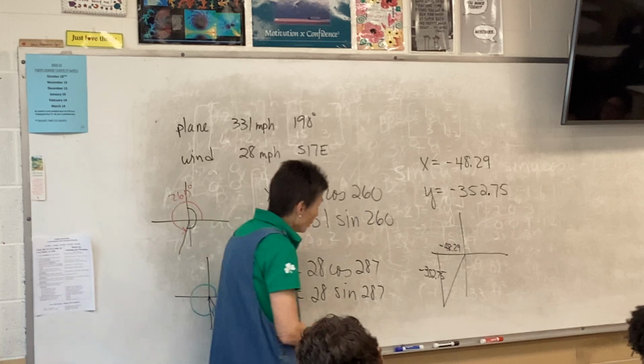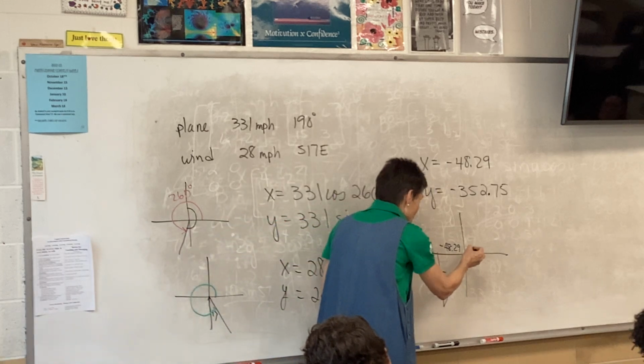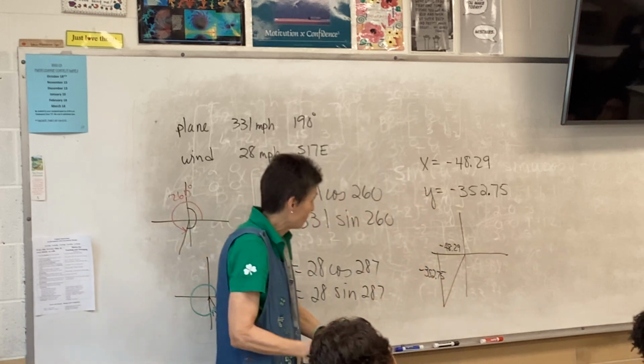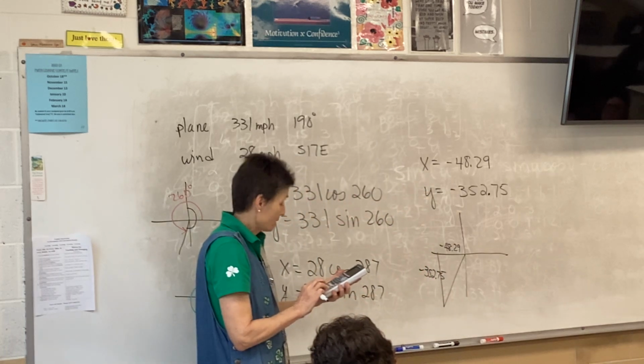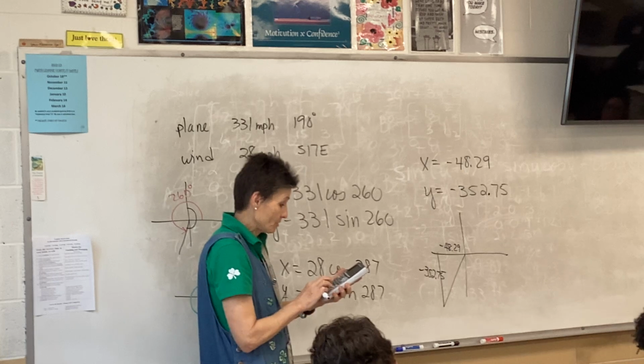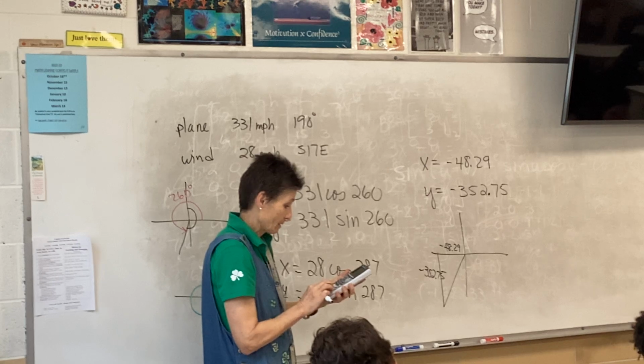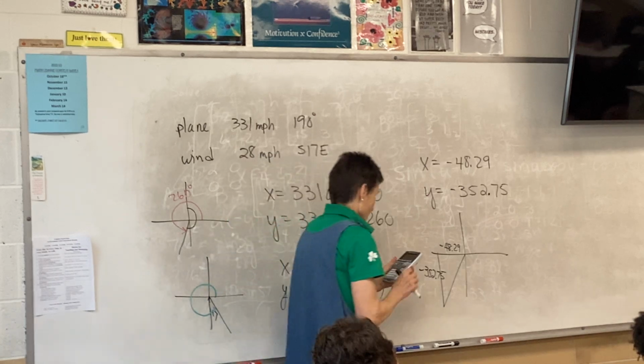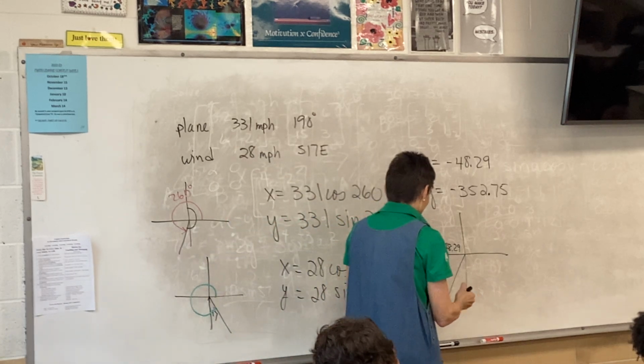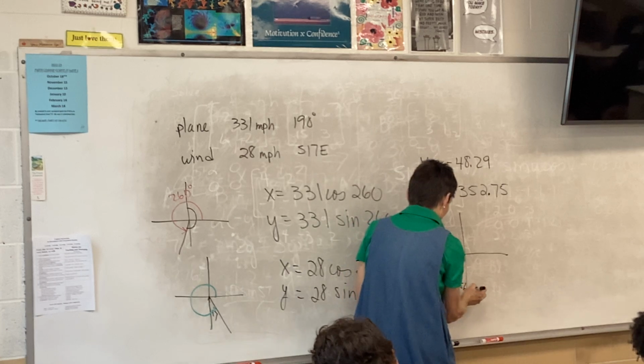Now, I need to know the magnitude, which is the actual speed of the plane. So that's going to be easy. What am I going to do? Find the hypotenuse, which is just the Pythagorean theorem. So I got 356.04.